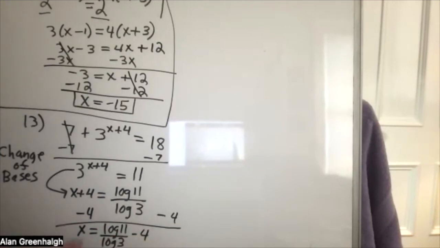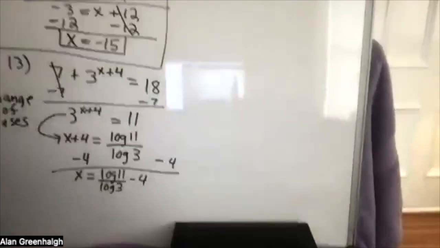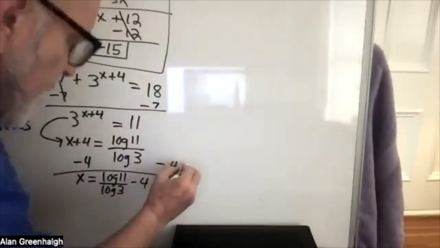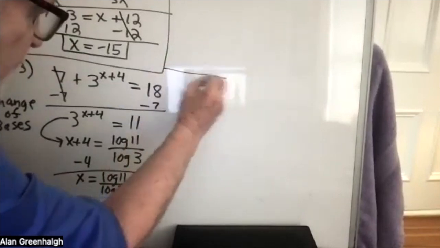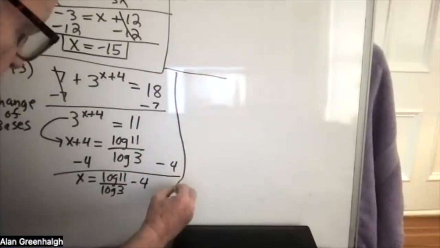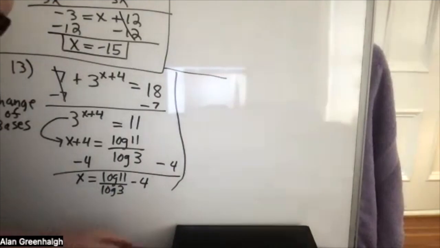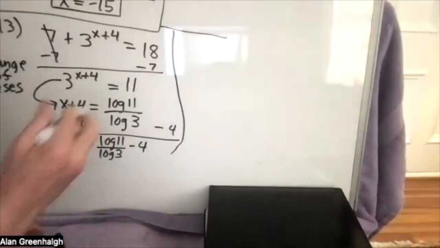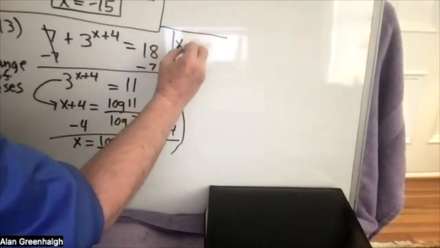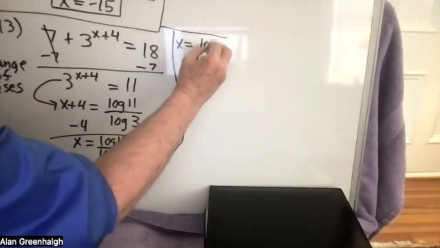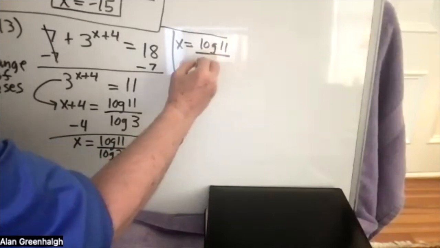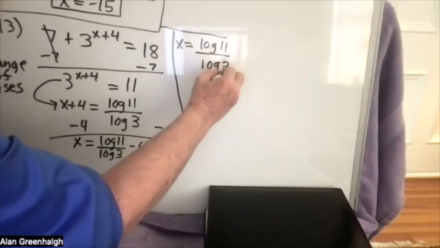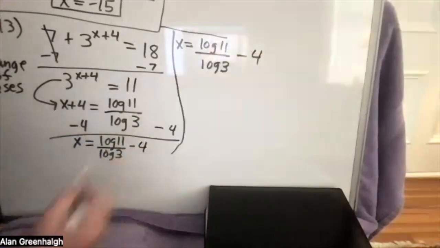So we want to figure this out. Let me bring it up here. x equals the log of 11 divided by the log of 3 minus 4.